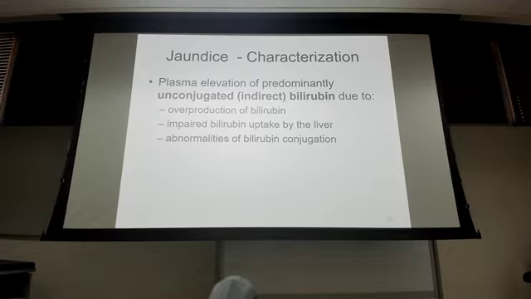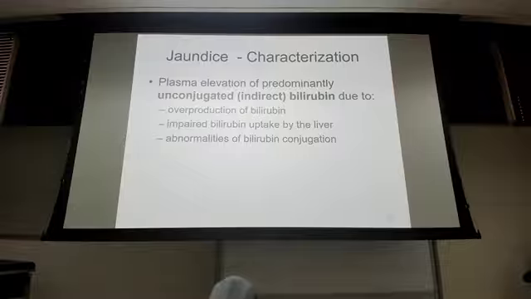So plasma elevation of predominantly unconjugated, remember we also call it indirect, can be due to overproduction of it, i.e. we're making too much bilirubin, or your patient is, or for some reason the liver can't uptake that unconjugated bilirubin.